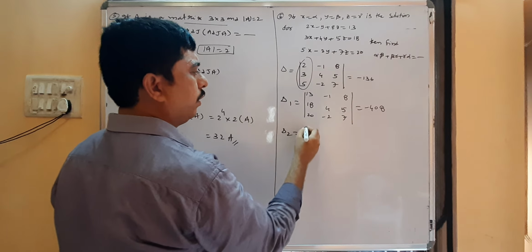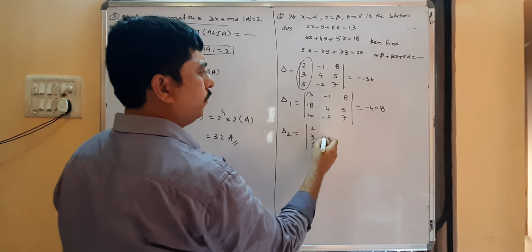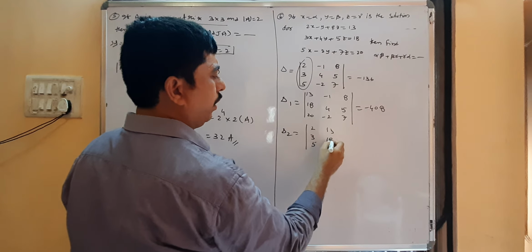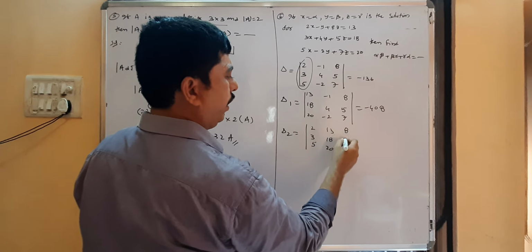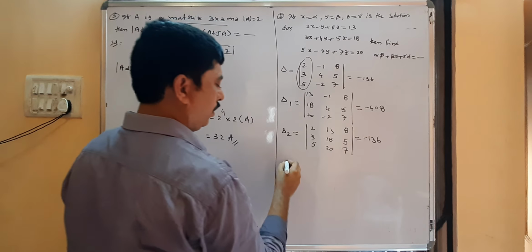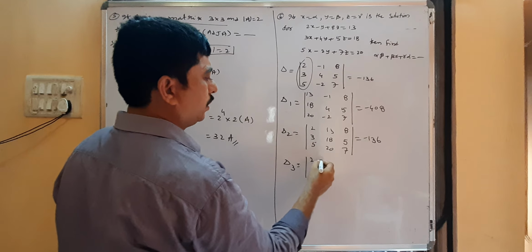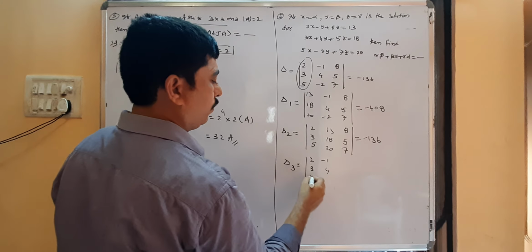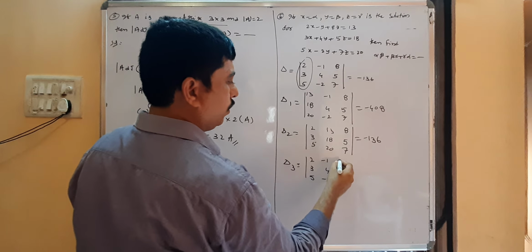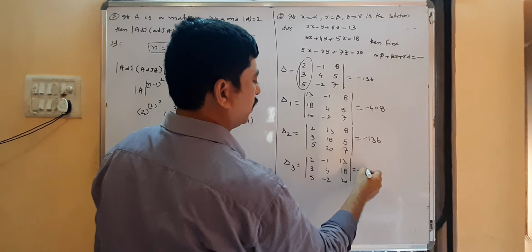For delta 2, we replace the second column with the constants 13 18 20, keeping 8 5 7. This we will get as minus 136. Delta 3 replaces the third column with the constants; the first two columns are the same, with 13 18 20. This is also minus 136.